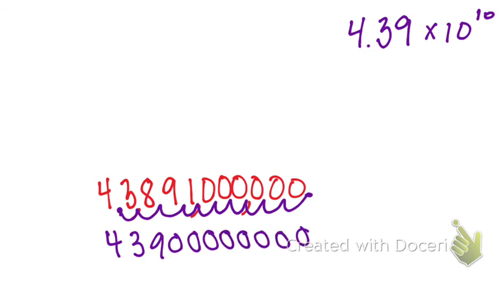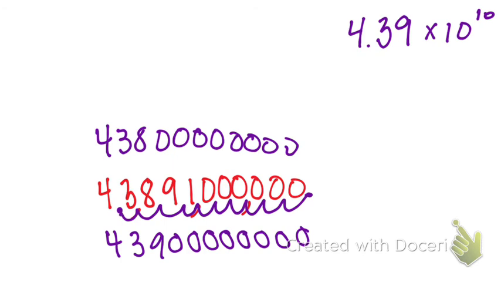If I would have kept the number at 4.38 times 10 to the 10th, that's what it would have been, but I rounded it to 4.39 because this number is much closer to our original number than this. Do you see how that makes a difference? When that's expanded out, I'm getting a number that's closer to my original. So that's what the rounding makes a difference for.